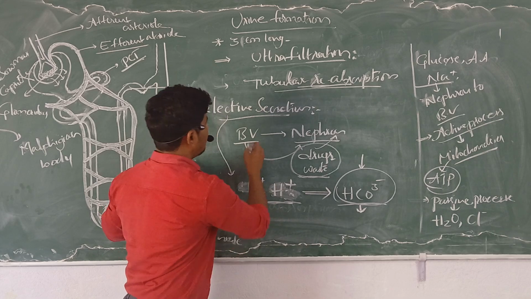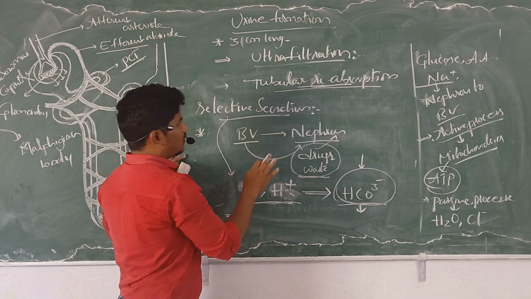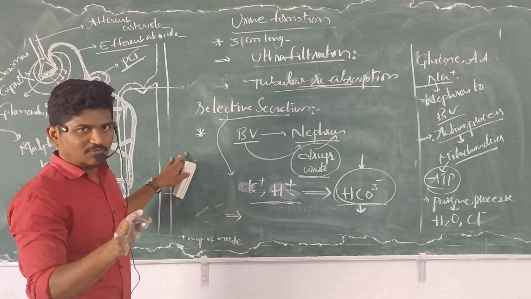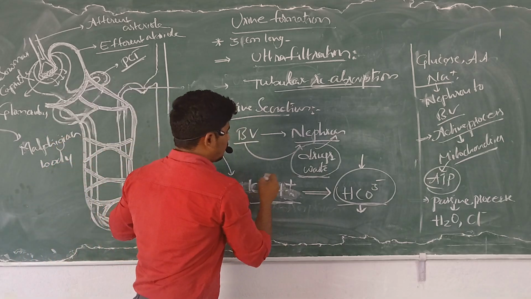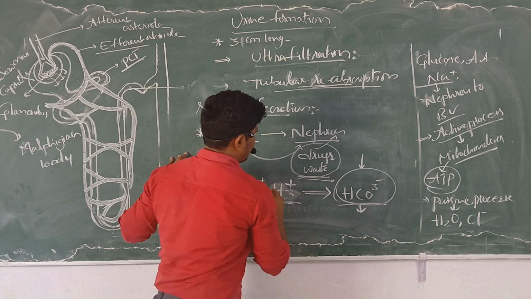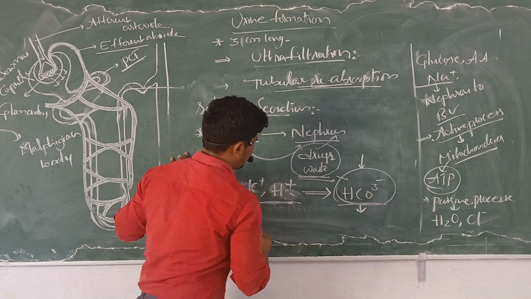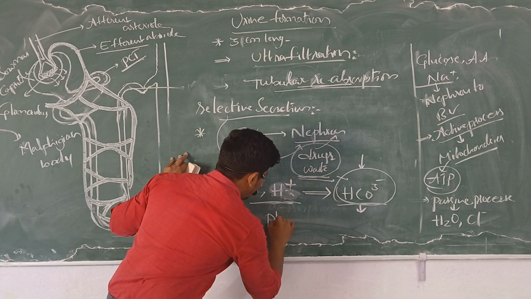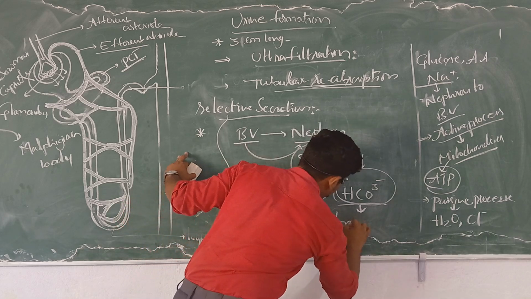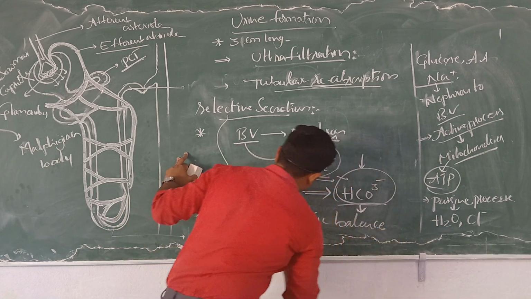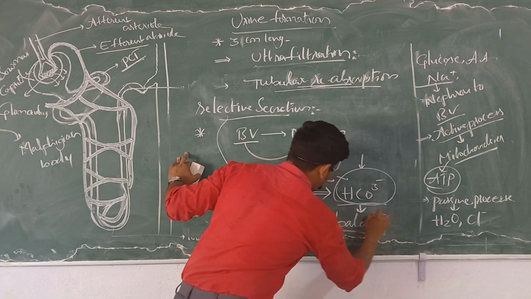What we have to remember here is that this process happens here, so all this tubular reabsorption happens in the PCT only. Then what purpose are these all serving here? To reabsorb HCO3 minus and to maintain pH and ionic balance in the PCT.